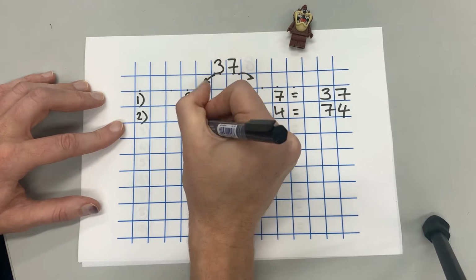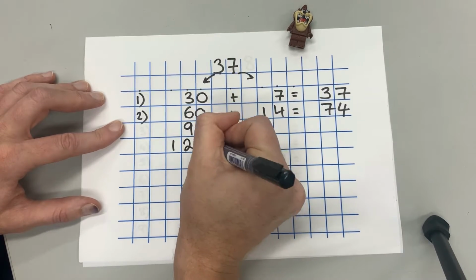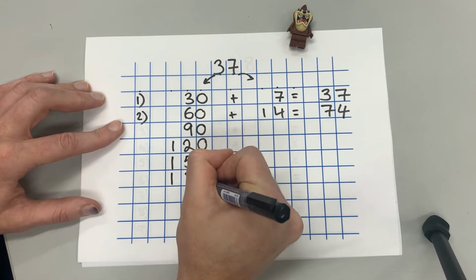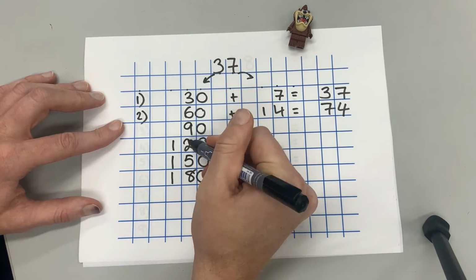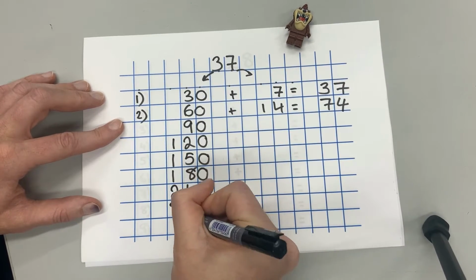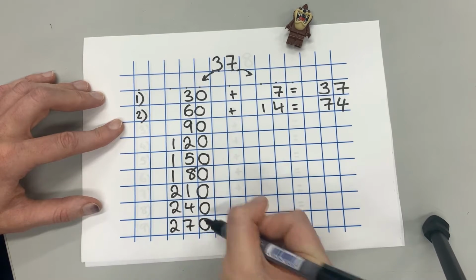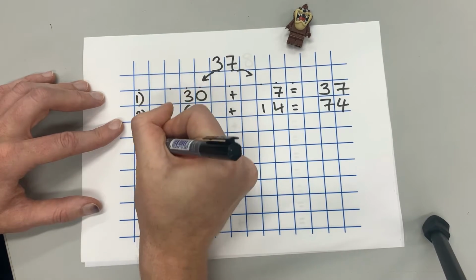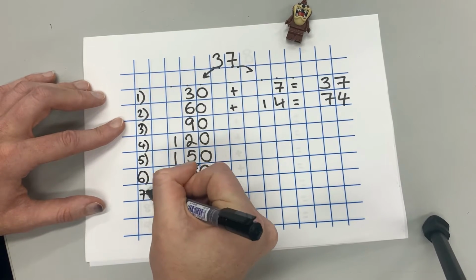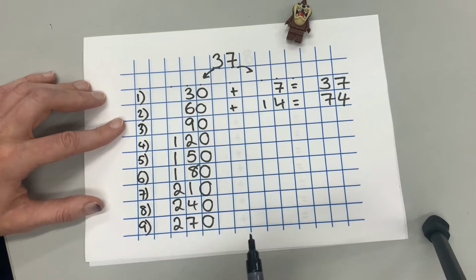So 3, 6, 9, 30, 60, 90, 120, 150, 180, 210, 240, 270. That's going to give me the 3rd, 4th, 5th, 6th, 7th, 8th, 9th multiple of 37.